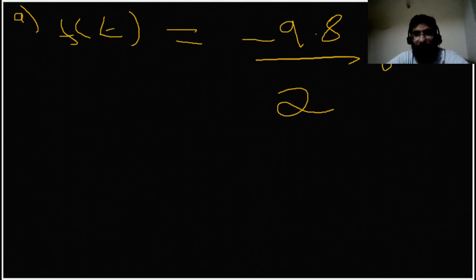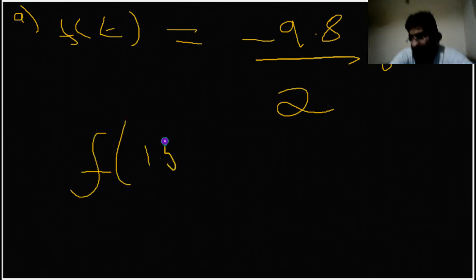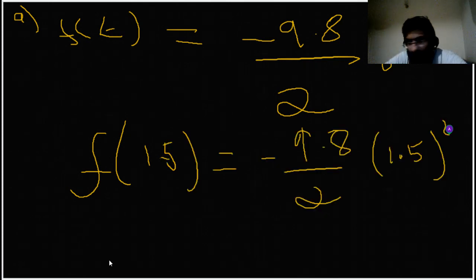And then I know the second one. Where is your plus C? F, F, F, F. Okay, and then C is 35.